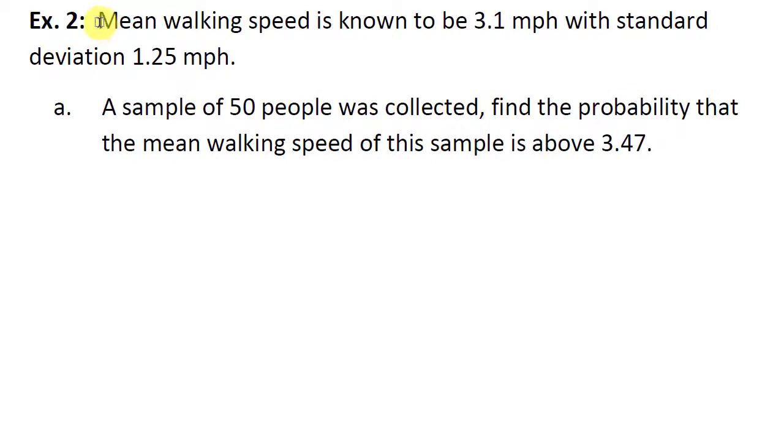So let's assume that this study in our example 2 is only focused on human beings. We have a really large population of human beings out there, and everybody is walking. Somebody is walking fast, somebody is walking slower than somebody else. So what I have here is a population of all human beings with different walking speeds. And immediately the mean walking speed in our population is known to be 3.1 miles per hour.